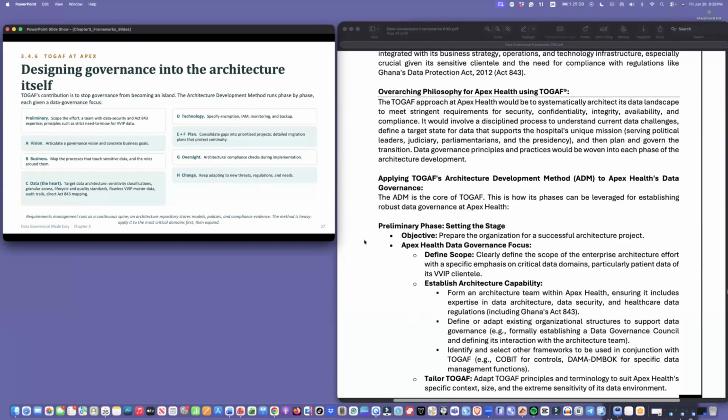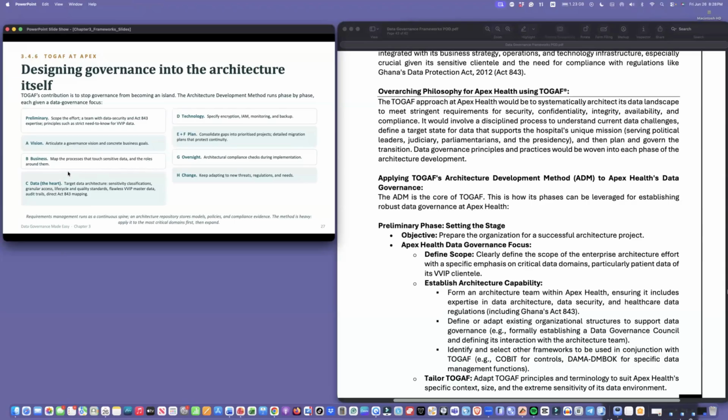So clearly define the scope of the enterprise architecture effort with specific emphasis on data domains, particularly the data of VVIP. So A, articulate the governance vision and the concrete business goals. B, map the processes that touch sensitive data and roles around them.